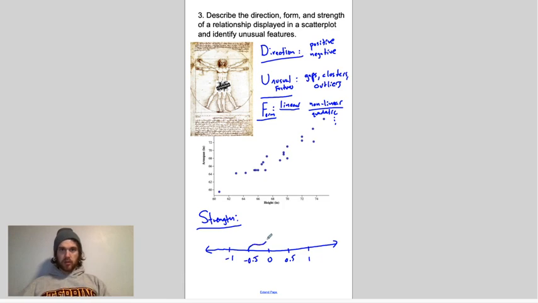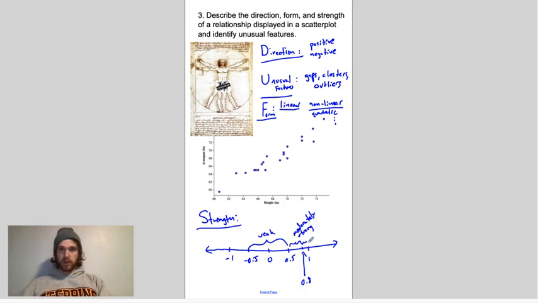Weak correlation is right here. This would be weak. Between here and 0.8, this is moderately strong.